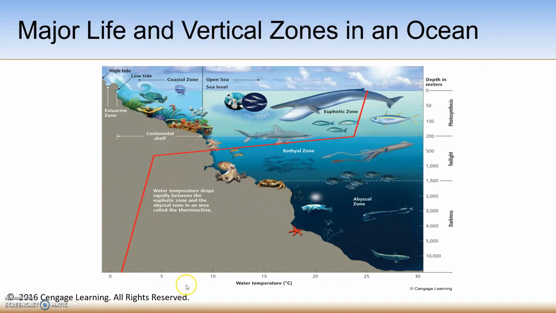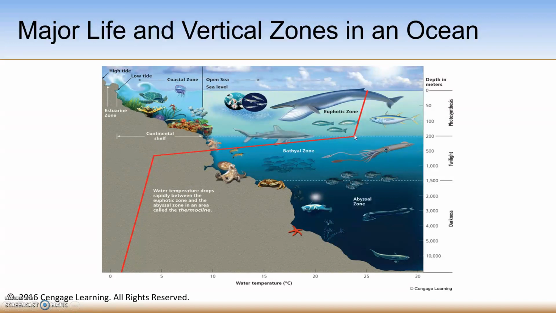where this end is colder and this end is slightly warmer in degrees Celsius. So in the abyssal zone, we're dealing with a very slight increase in water temperature, but this is cold in the abyssal zone. And then we transition through the bathal zone, and we're getting warmer between 5 degrees and 25 degrees Celsius.